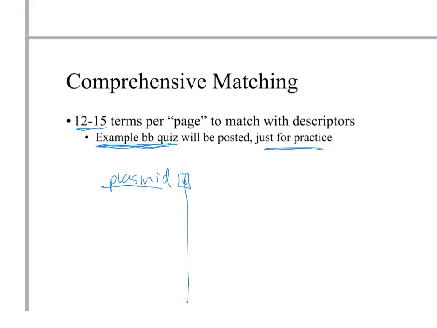Obviously, when you're doing this in pen and paper, then you can scratch that one out. I've told you in the instructions that you will only use the term once, and then I give you an extra one. So you'll use it once or not at all. Unfortunately, when you're doing this online, you can't scratch out the one that you've used already. So that's definitely the negative with this.